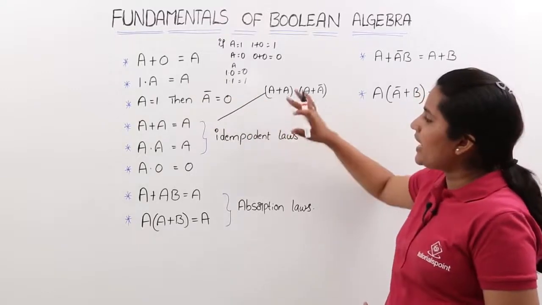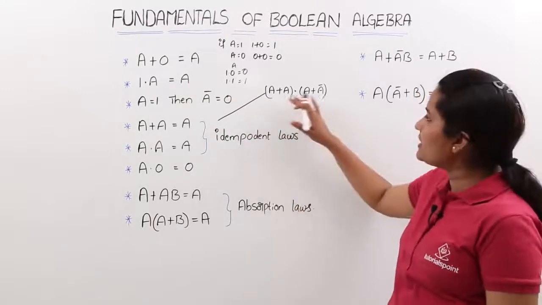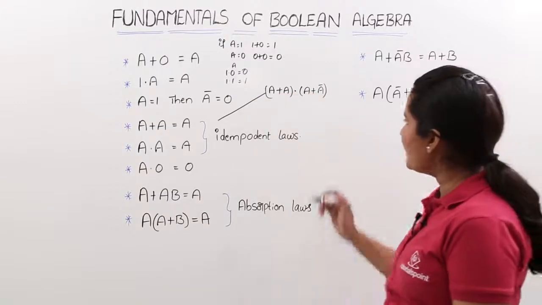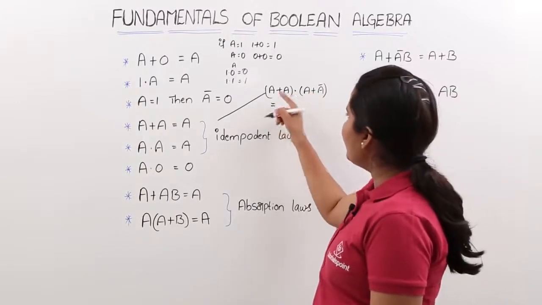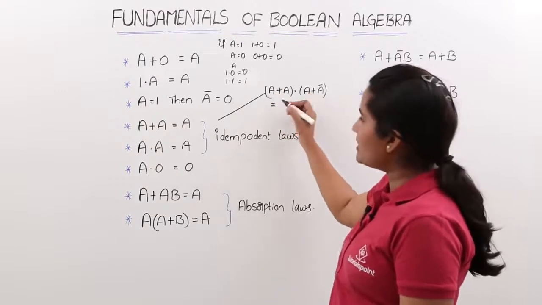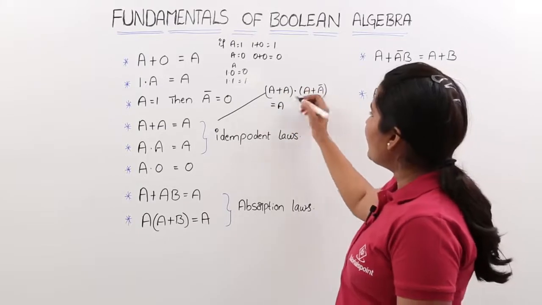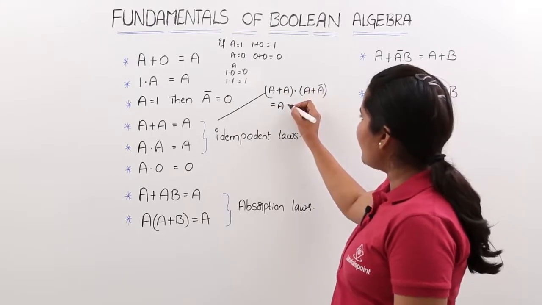So, that is why I am taking a plus a into a plus a bar to solve this. Here I am multiplying a into a, which is equivalent to a only. Again a into a is equivalent to a only.